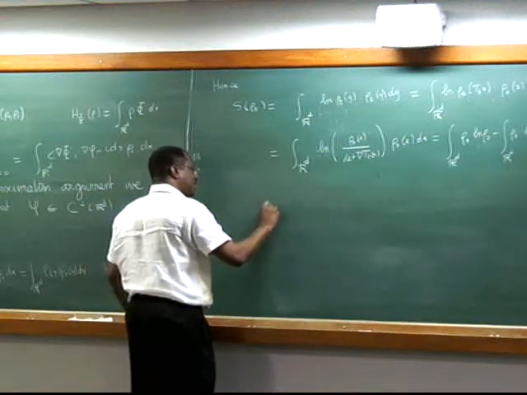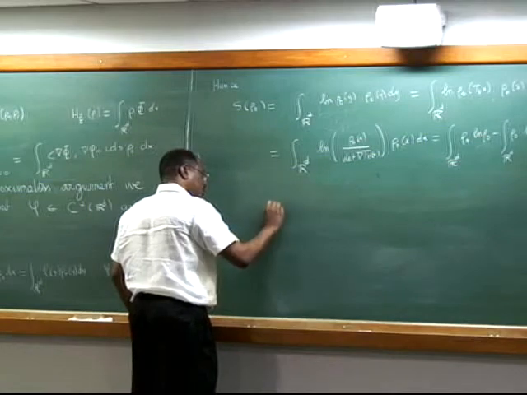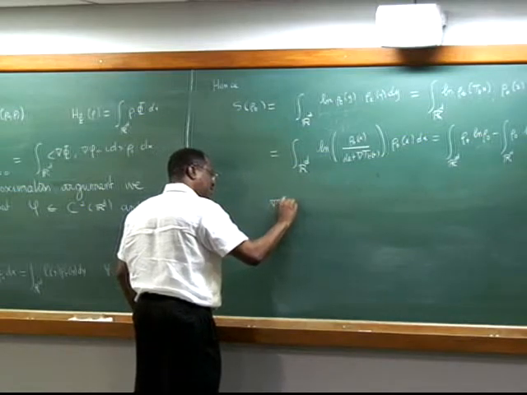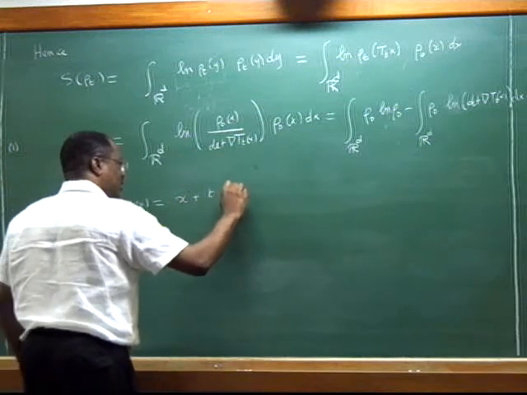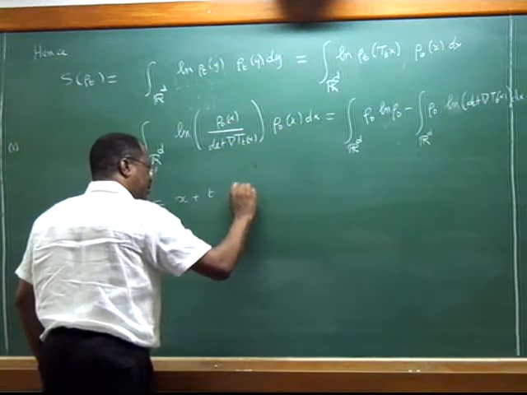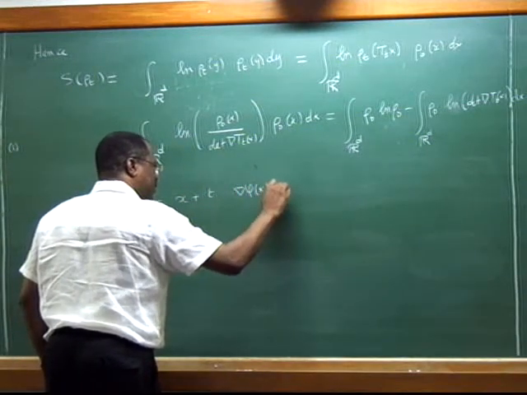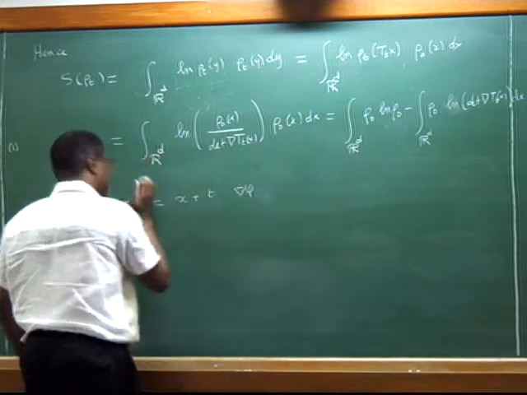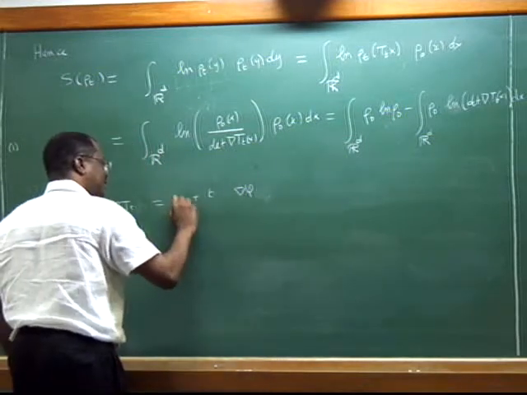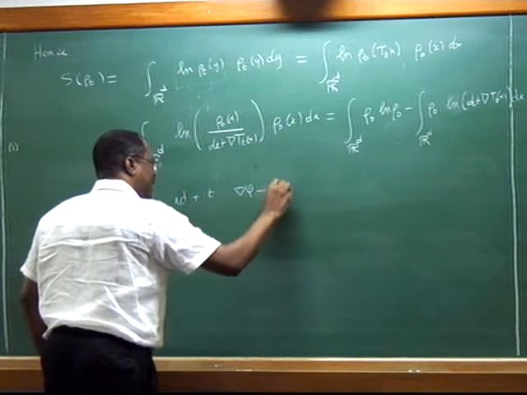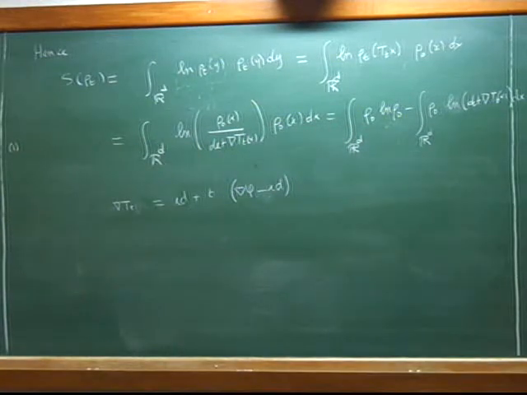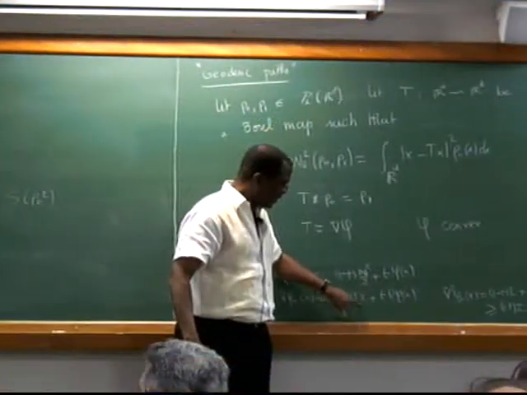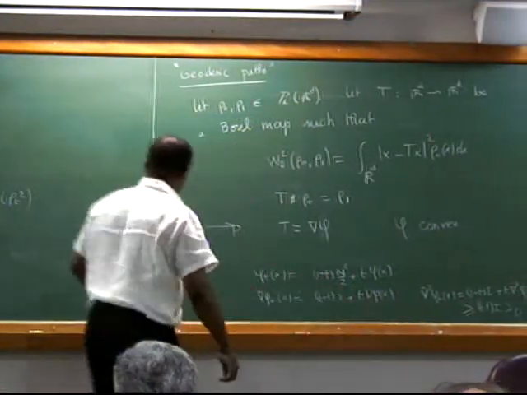The gradient of T_t of x is the gradient of x plus t times the gradient of phi of x minus identity. This is identity plus t times the gradient of phi minus identity. Okay? So I rewrite this as x plus t times gradient phi of x minus x.